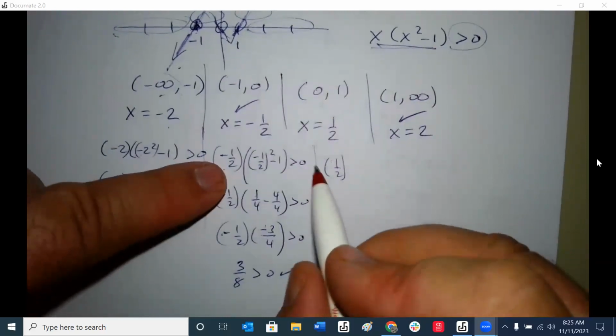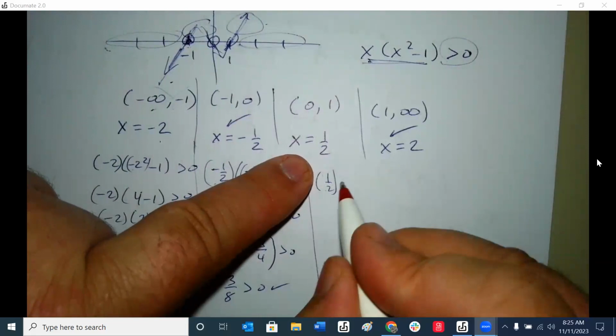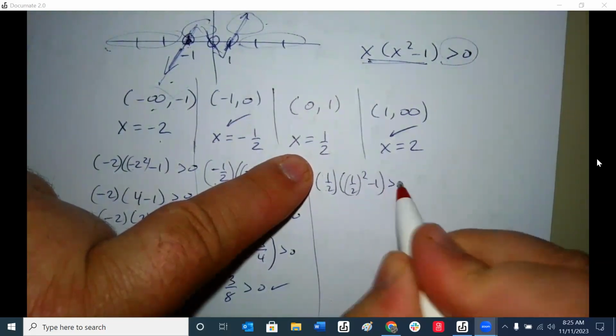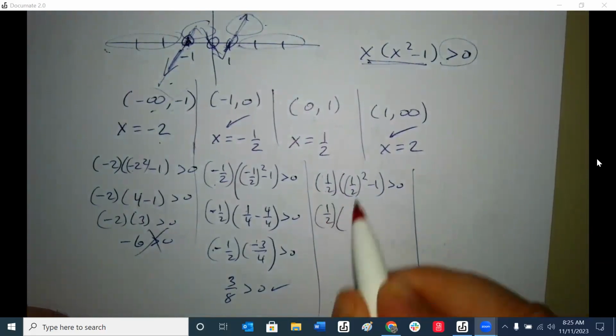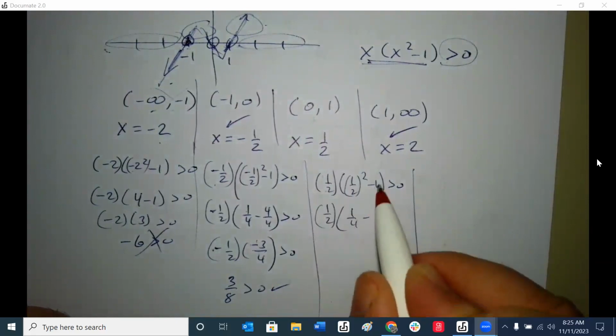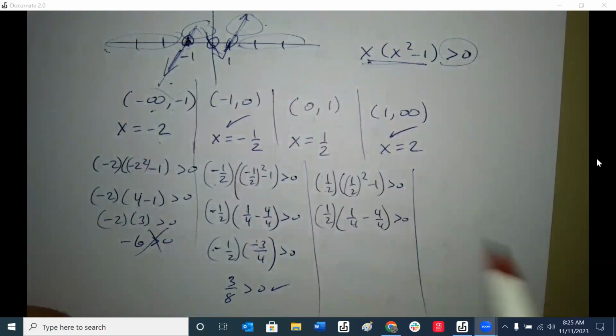So if x is 1/2, then 1/2 times 1/2 squared minus 1. Is that greater than 0? 1/2 squared is 1/4 minus 1. The common denominator is 4/4.